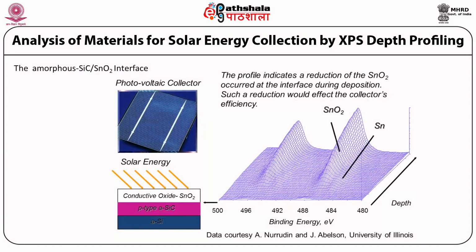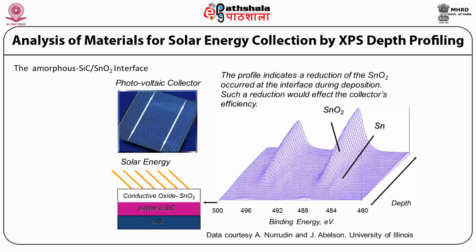This slide indicates the analysis of materials for solar energy collection by XPS depth profiling. This slide shows that the material contains amorphous silicon carbide and tin dioxide. At this interface, the profile indicates a reduction of SnO2, tin dioxide.